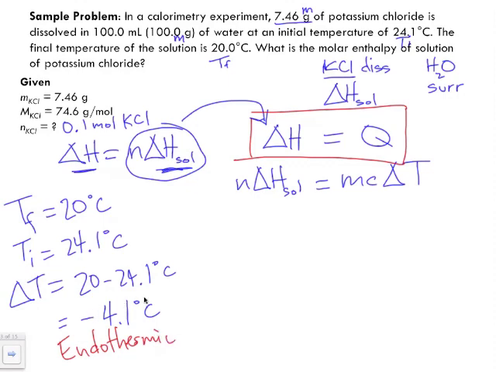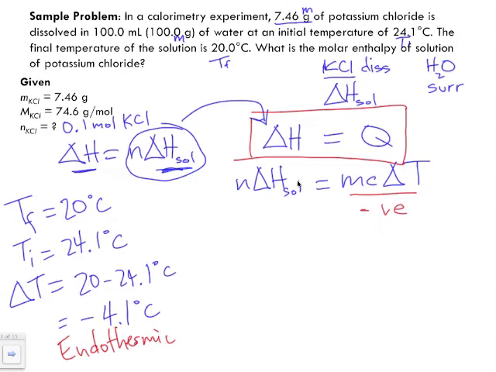So this Q value that we're going to get on this side is going to give us a negative value. If we've got a negative value, it means heat is leaving from this system of the water going to dissolve this KCl.